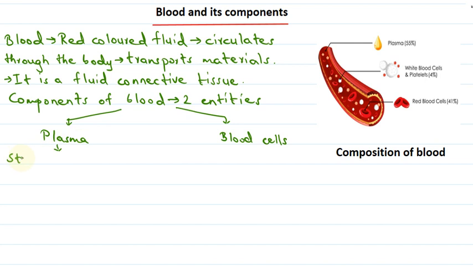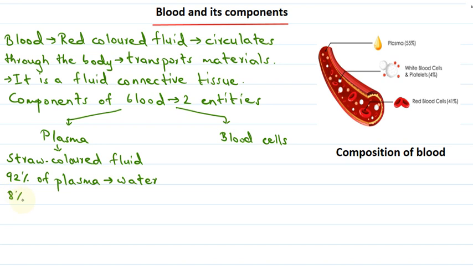Okay, so what is plasma? Plasma is a straw colored fluid, and about 92% of the plasma's volume is water, and the remaining 8% comprises dissolved substances like proteins.